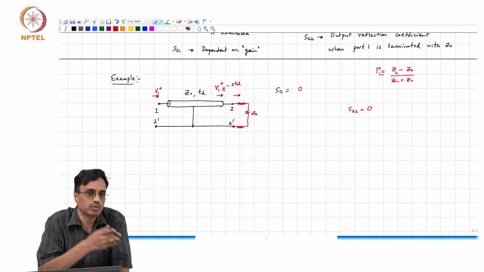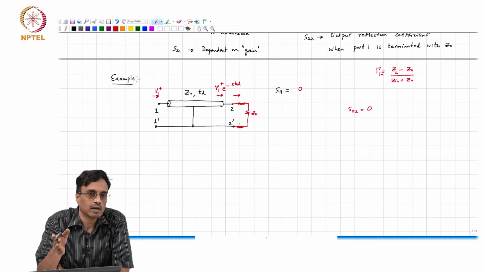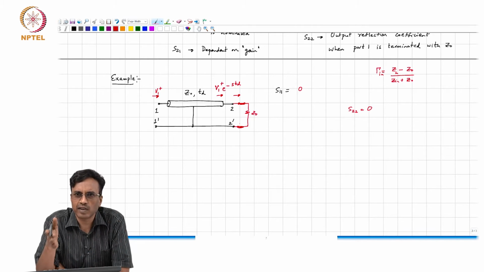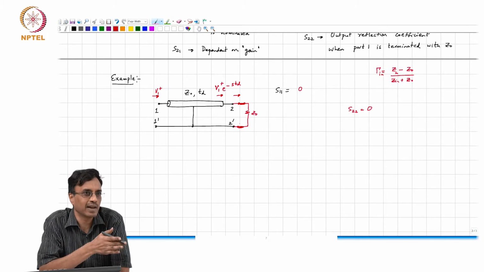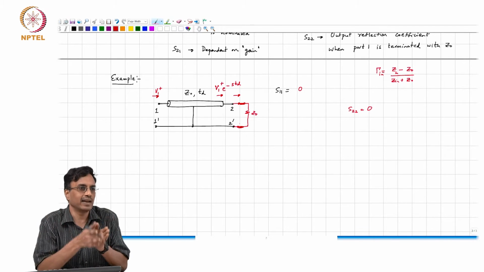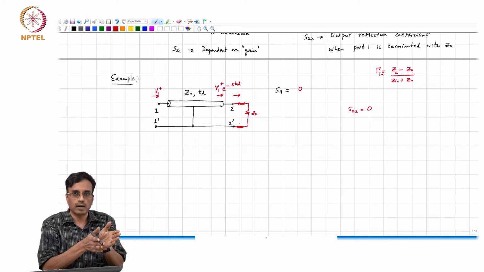What is continuous across boundaries? Voltage, not impedance, folks, come on. Current and voltage are always continuous across boundaries. When you go from one transmission line, you have a junction and you go elsewhere, KCL and KVL must be valid at every point, correct?